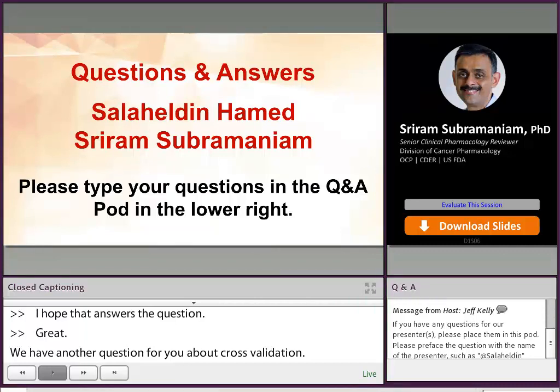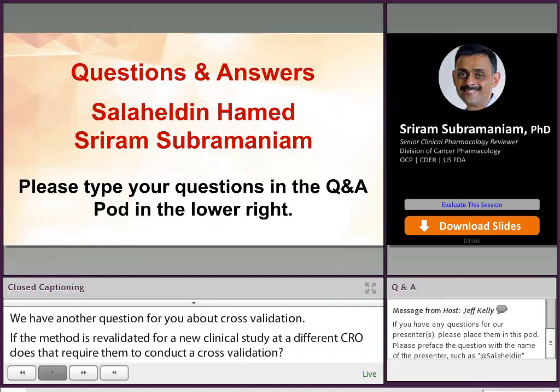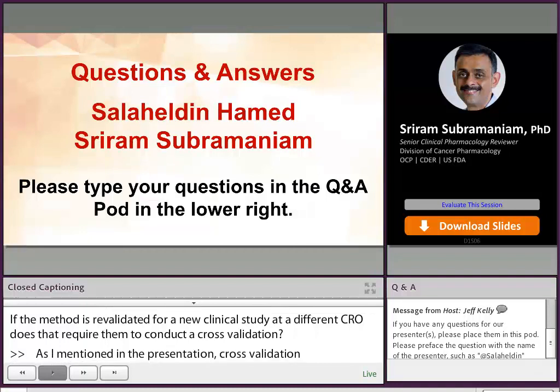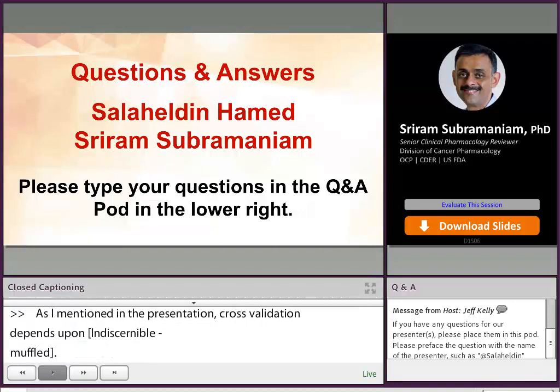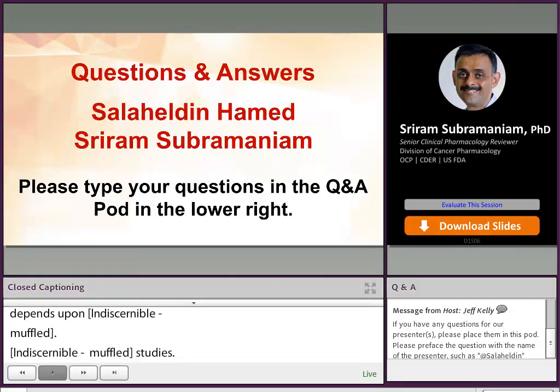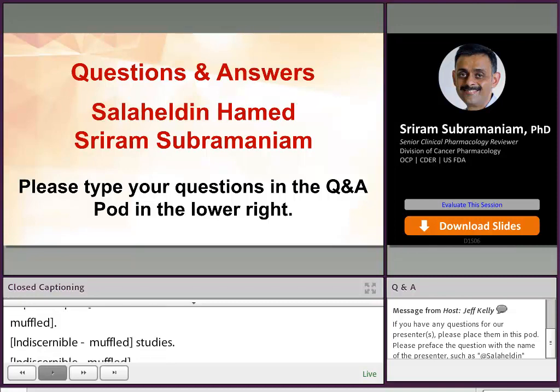As I mentioned during the presentation, cross-validation depends upon a number of things. So if these assays are used in the same study or across different studies, and if you're going to cross-compare these studies, or if these studies are going to be important for making decisions, as I mentioned, for dosing decisions or for labeling purposes, then I think it's important to cross-validate.